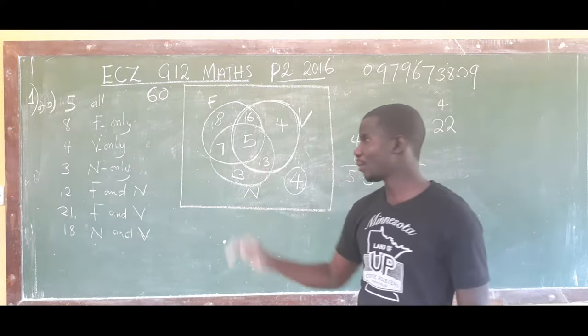Then we have the next one. The next one is the area of triangle ABC. So to find the area of this triangle, this angle here, now we know that it's 76.2.